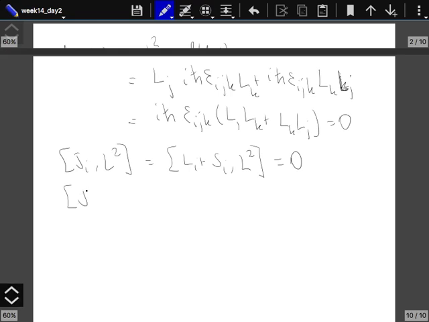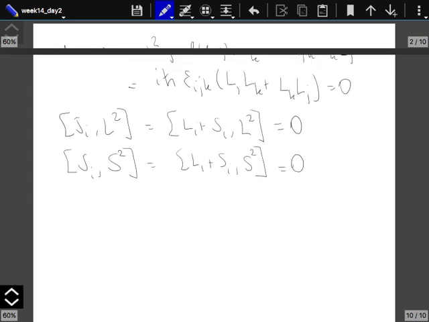Well, if you look at the commutator of Ji with S squared, just using the same argument, Li and S just commute, they are acting on completely different things. Si and S squared also commute. Now, what all this tells me is that J is just like an angular momentum.